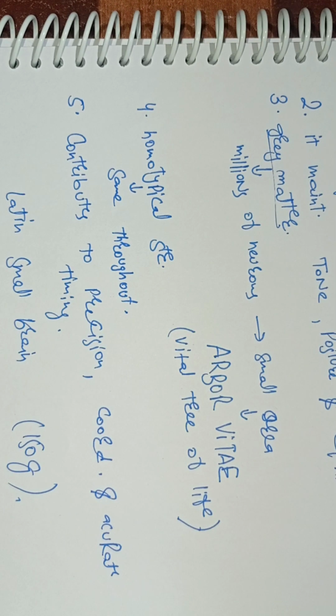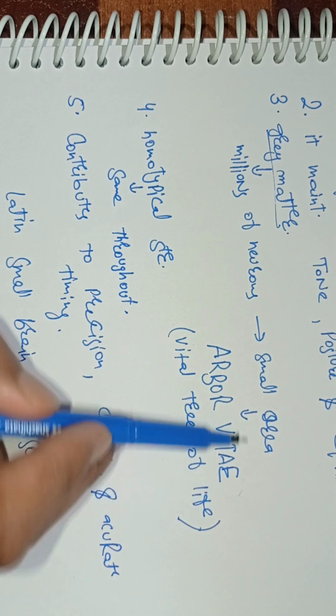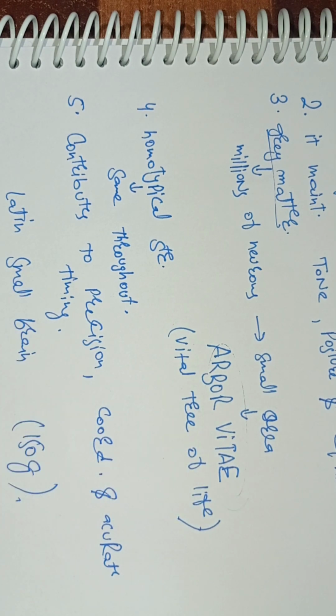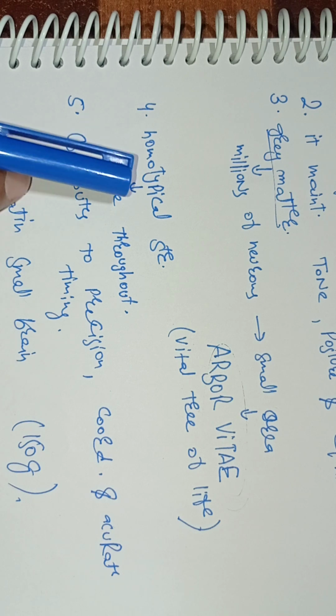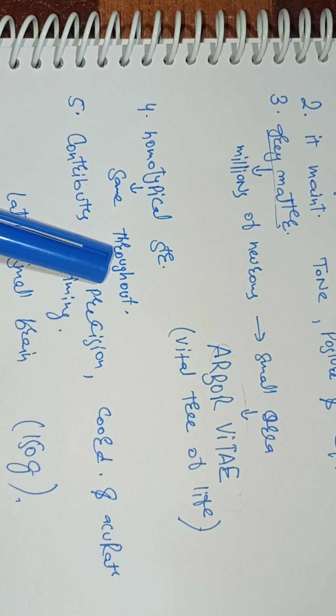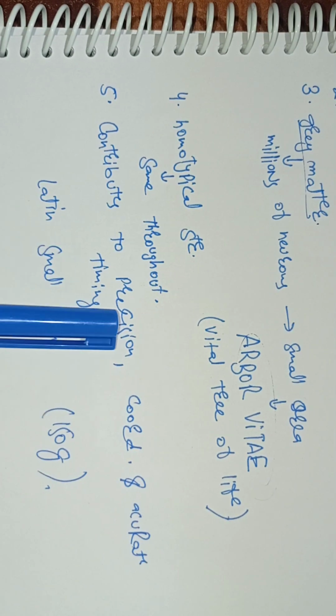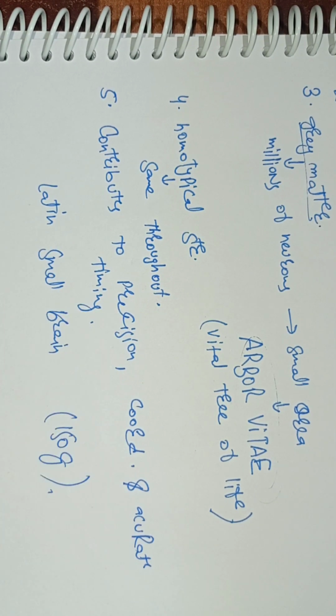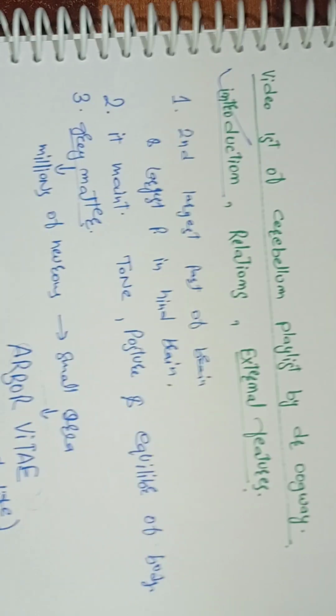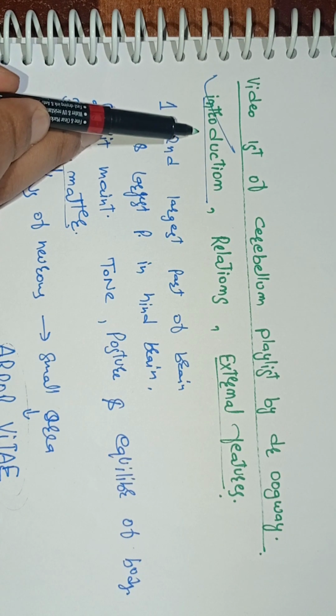The gray matter of the cerebellum contains millions of neurons in a very small area. This arrangement is known as arbor vitae, which means vital tree of life. The structure of cerebellum is homotypical, which means uniform throughout. It also contributes to the precision, coordination, and the accurate timing. In Latin, cerebellum means small brain, and the weight of the cerebellum is 150 grams. So the introduction is clear.